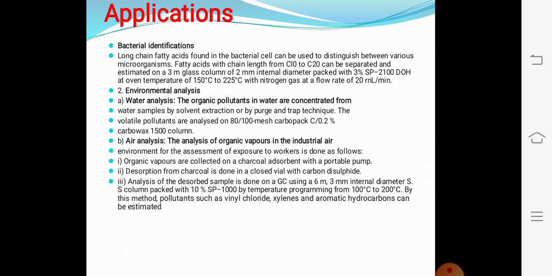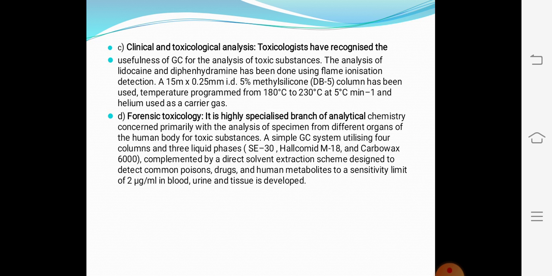And third, analysis of the desorbed sample is done by gas chromatography using a 6-meter, 3 mm internal diameter column packed with 10% SP 1000 by temperature programming from 100 degrees Celsius to 200 degrees Celsius. By this method, pollutants such as vinyl chloride, xylenes and aromatic hydrocarbons can be estimated.